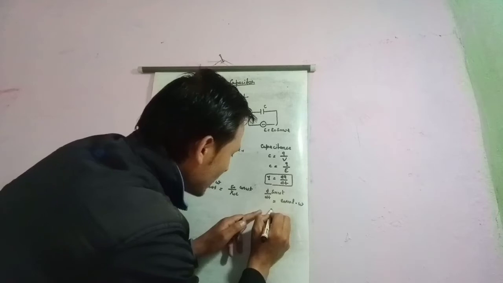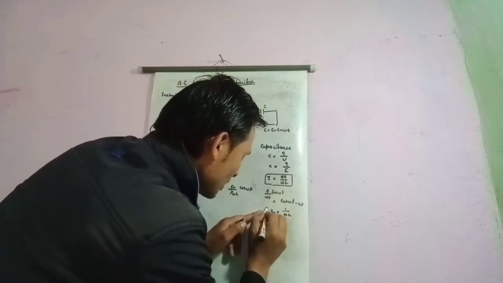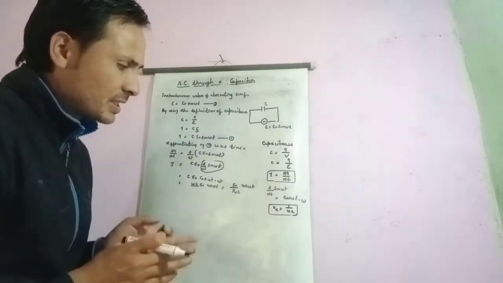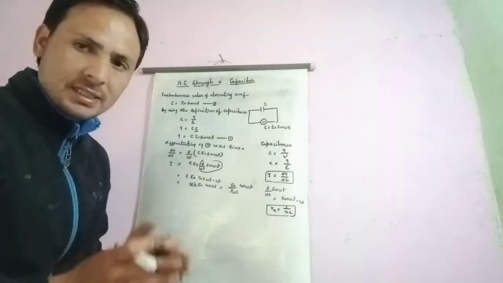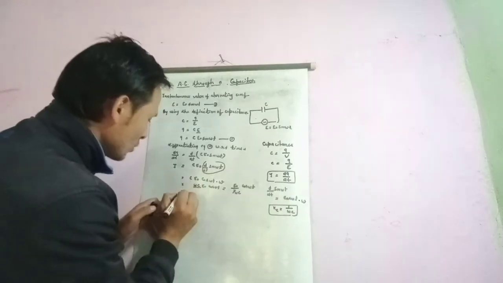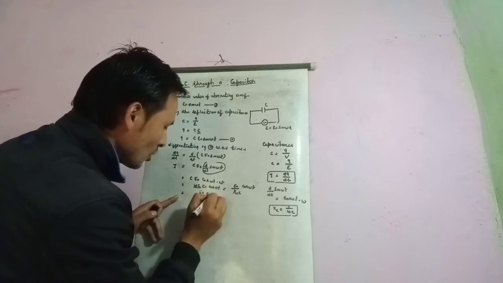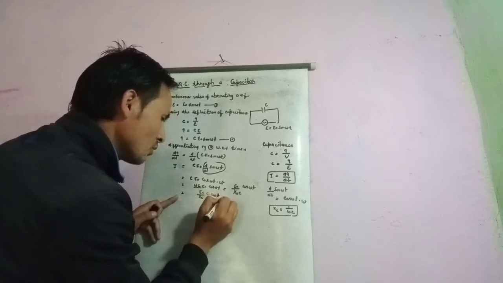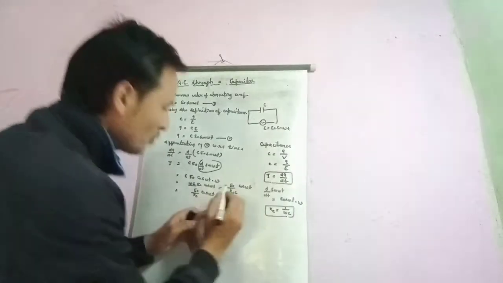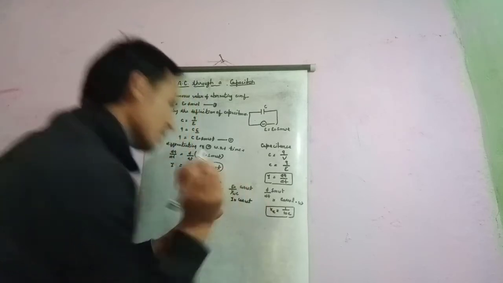We know that Xc is equal to 1 upon omega C, and Xc is the capacitive reactance. So in place of 1 upon omega C we write Xc. So E naught upon Xc into cos omega t. And we know that when we divide EMF by reactance, we get I naught. So I naught into cos omega t.